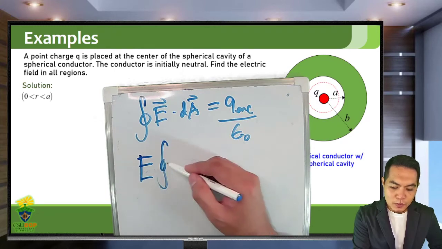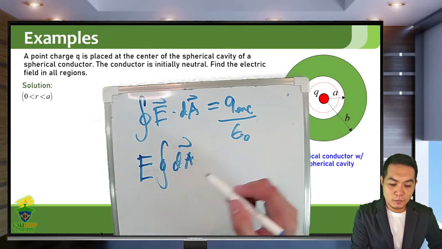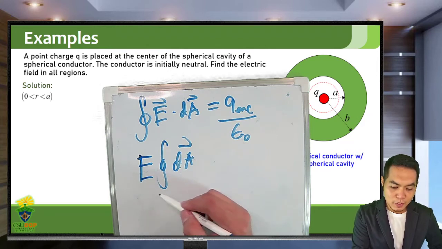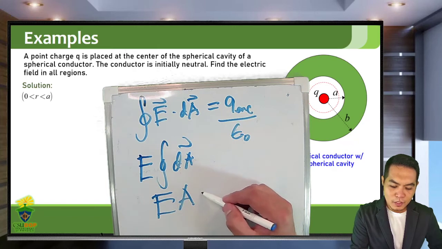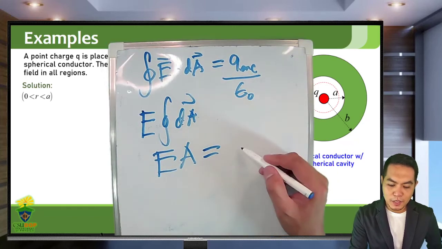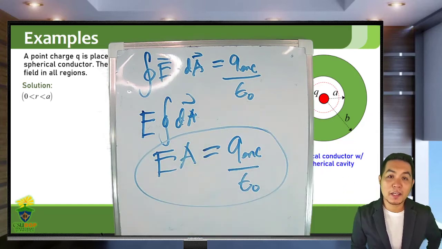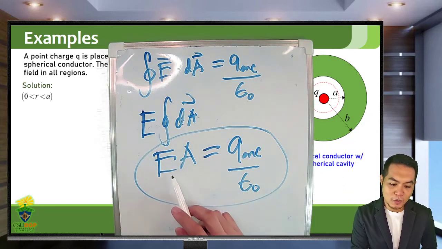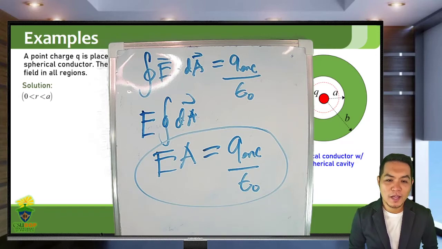And the closed integral of dA is just the area of your Gaussian surface, which is 4 pi r squared, or the total area A, so EA. Our Gauss's law equation simplifies to this non-integral form, only in the case that the electric field and the area vector are in the same direction. So EA is equal to Q enclosed over epsilon naught.